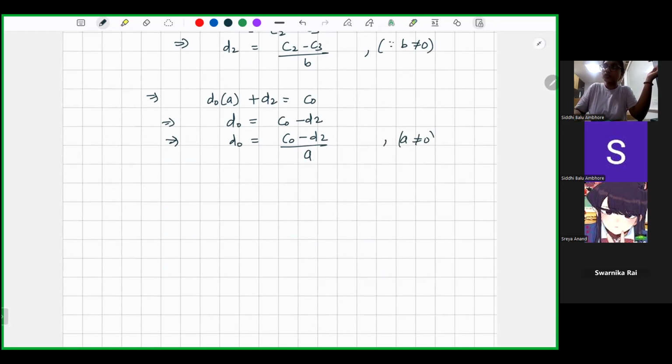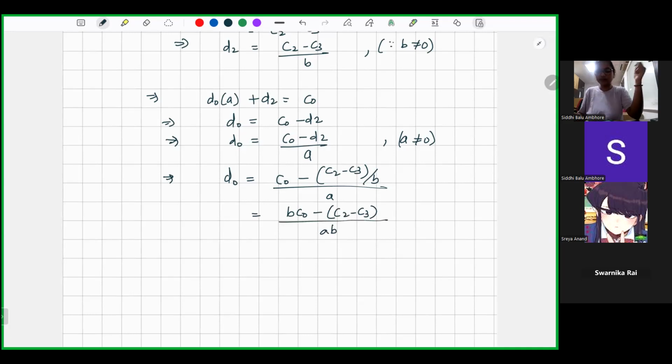And a is non-zero, that's why this division makes sense. And we actually got everything. D2 we already know what it looks like. It is c2 minus c3 divided by b. So this is b c naught minus c2 minus c3 divided by ab.